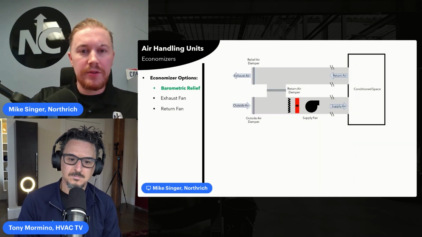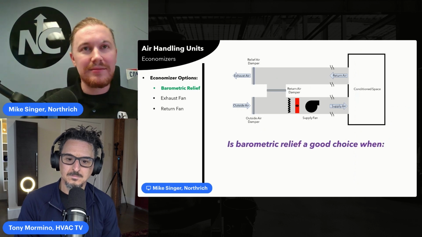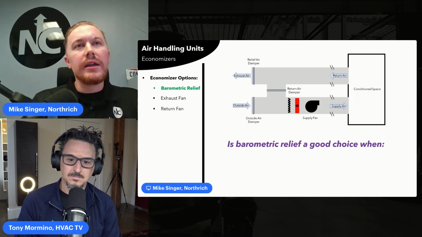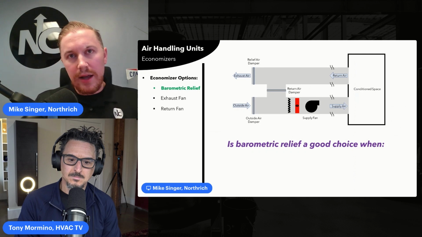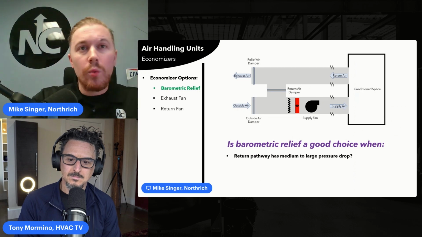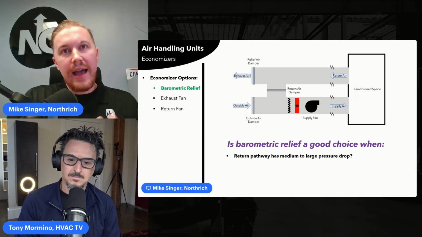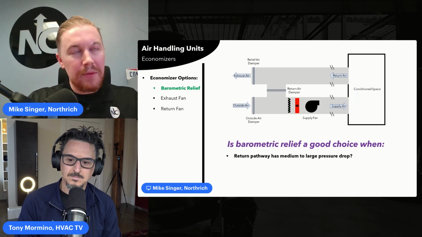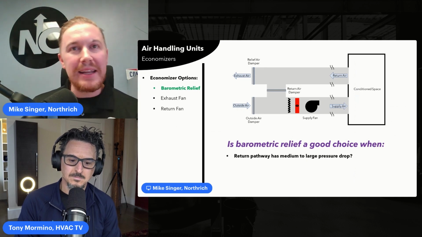Okay. So let's ask some questions here. Is barometric relief economizer a good choice when the return pathway has a medium or large pressure drop? I'm using generalized terms here, medium and large.